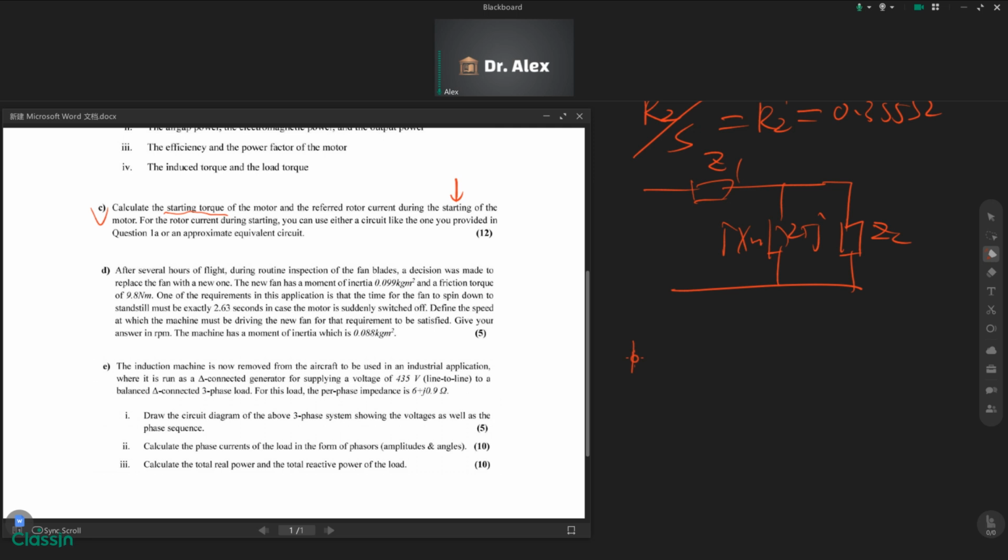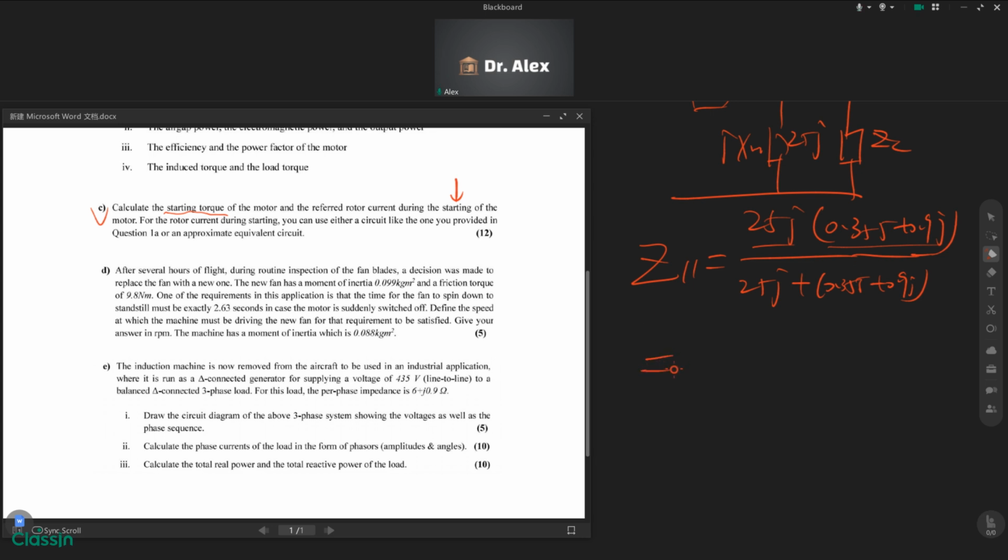We calculate the parallel impedance again, which is 25j times 0.355 plus 0.9j, divided by 25j plus 0.355 plus 0.9j. This is the jXM, this is Z2. And we can calculate the new value for the parallel total impedance.